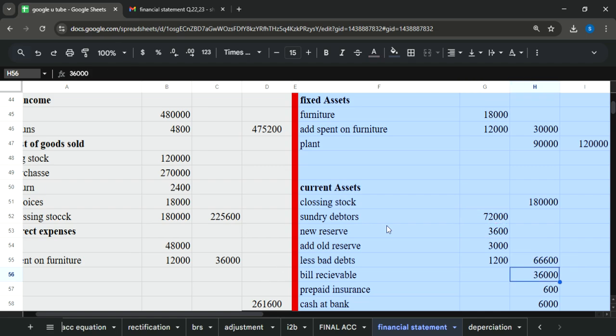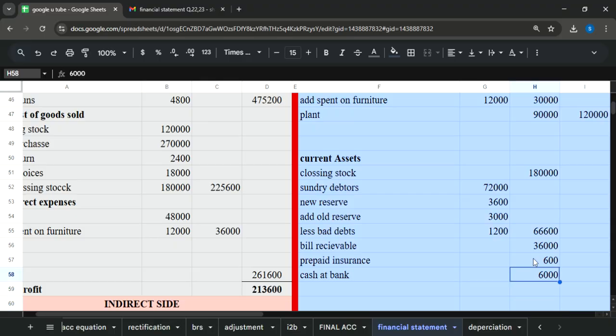Once again please understand, you will write 72,000 as debtors, and then these are 3 elements related to debtors. New reserve, you will add old reserve and subtract bad debts. Answer of these 3 elements would be subtracted from debtors, and final answer you have got 66600. So it means all adjustment related to current assets completed.